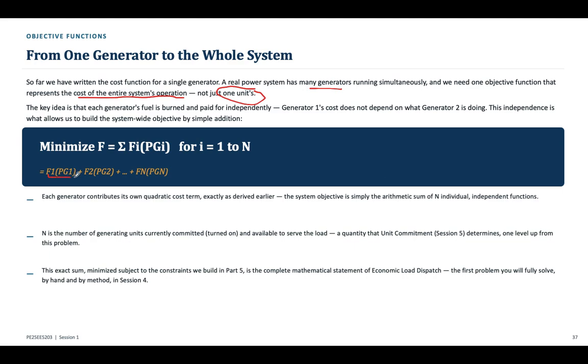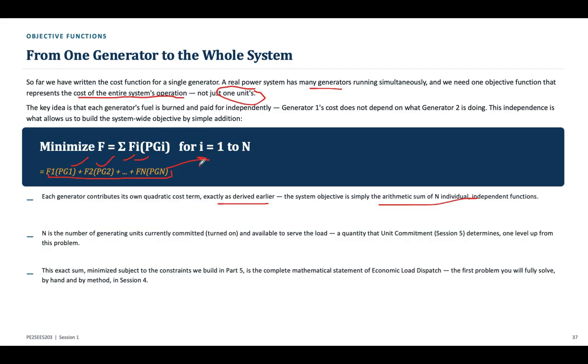Each generator contributes its own quadratic cost term, exactly as derived earlier. So the system objective is simply the arithmetic sum of n individual costs, f1, f2, f3, f4, going up to fn.